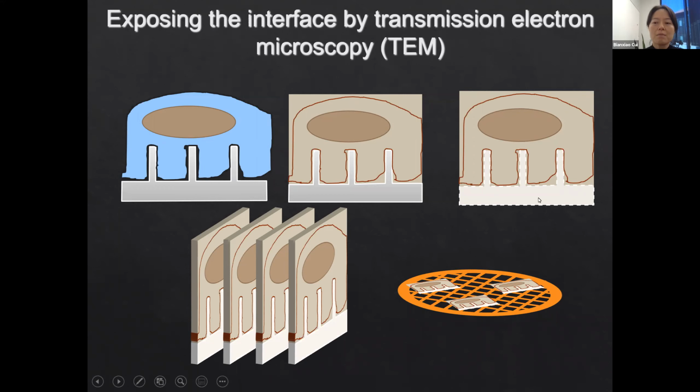And a lot of times those nanopillars or nanostructures, you cannot cut into thin slices. So we have to use a chemical method to etch away the glass using hydrogen fluoride. And then we backfill with resin, repolymerize, and slice into thin slices and put onto the TEM grid.